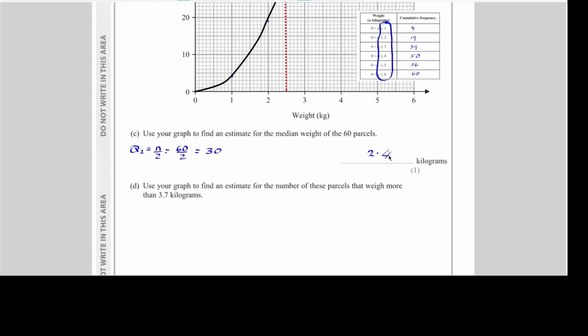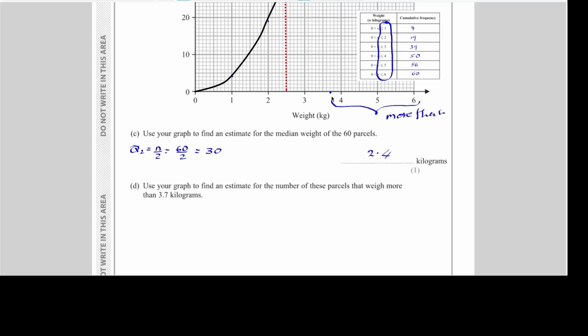Next one is: use your graph to find an estimate for the number of these parcels that weigh more than 3.7 kilograms. So more than 3.7 kilograms, then you have to come to the kilogram side. 3.7 lies here, right? Remember, more than represents this side.